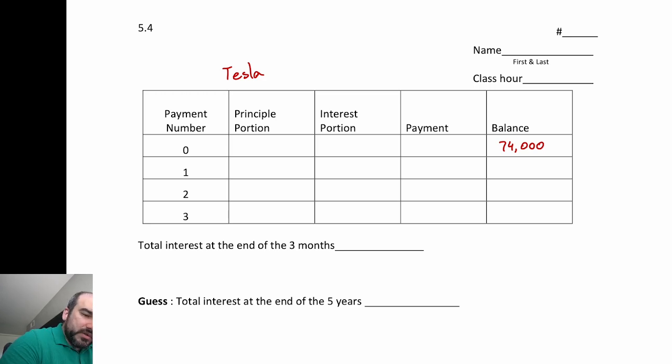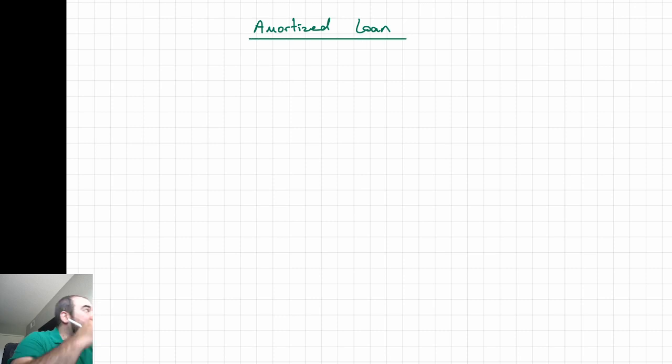For an amortized loan, we need to calculate a couple of things. First thing we need to calculate is what the monthly payments are going to be.